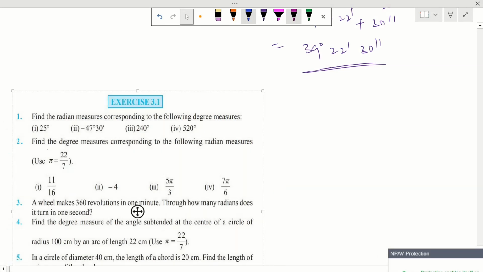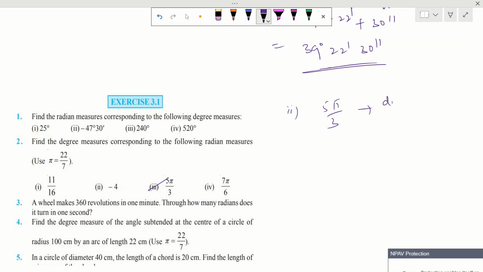Now this might be a very interesting third one. The third one is given in radian, 5 pi by 3, and we have to convert it into degree. We know that pi radian is equal to 180 degree, so 1 radian is 180 by pi.